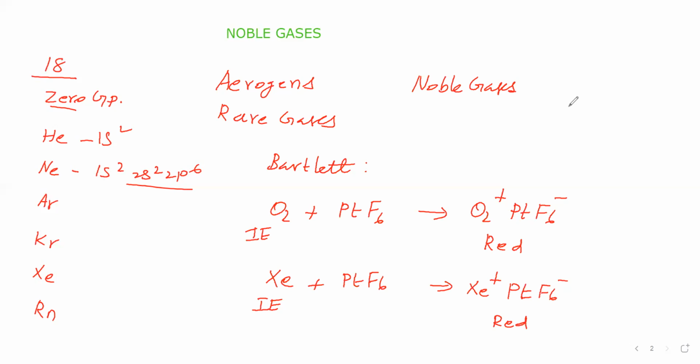Which noble gas is present in the atmospheric air to a large extent? Argon. Then how do we get radon? Radium on radioactive disintegration produces radon.